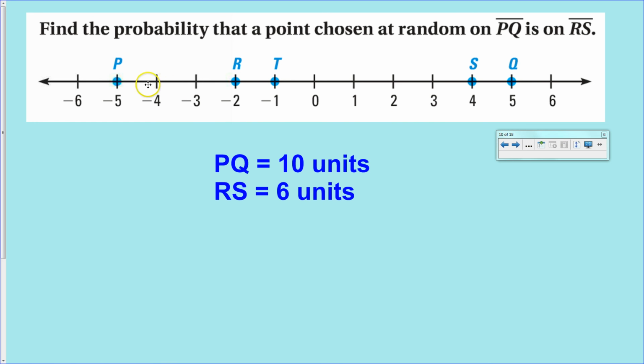The total length, PQ, is 10 units. The smaller segment, the partial segment, is 6 units long. So you simply divide the two with the RS being on top because that's what we're trying to measure. How likely would it be that it's in that segment? And then of course reduce. So 6/10 goes down to 3/5. And I chose to define the event as event A.